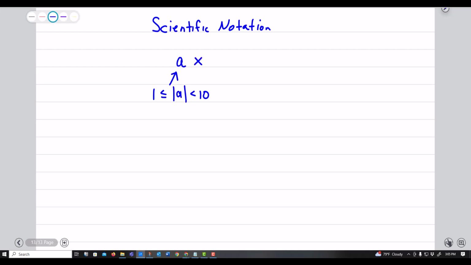And then you'll see a times 10, which is my base 10, and then raised to an integer value. And I will say a lot of times with calculators, you might even see an E. So I'll give you an example of that.